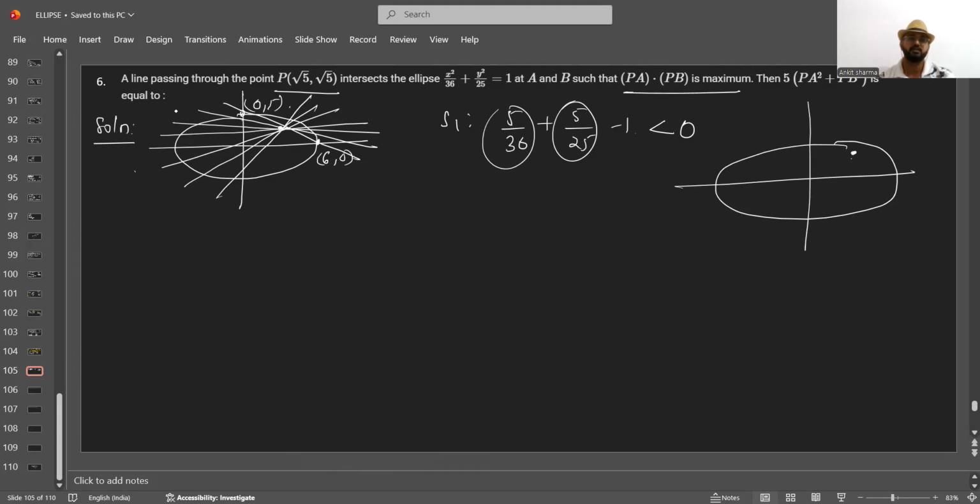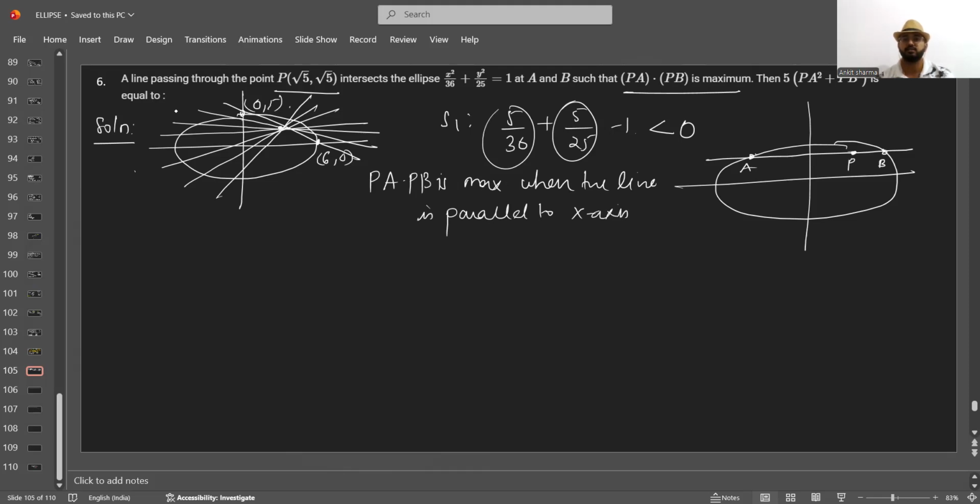Of course, we get the maximum length only when the line here is parallel to the major axis, because this is where this length would be max, in terms of PA and PB. So this is P, this is A, and this is B. So PA into PB is max when the line is parallel to the x-axis.